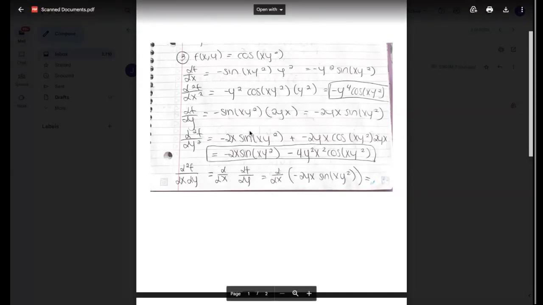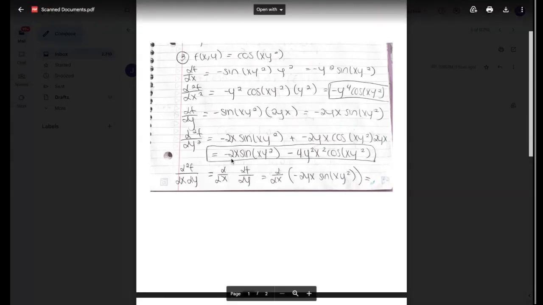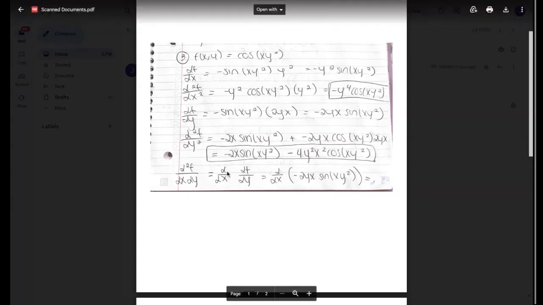So taking the derivative of the first part, you get negative 2x, leave the second, plus now flipping, negative 2yx times the derivative of sine, which is cosine, leave the inside xy squared, times the derivative of the inside, that's 2yx. Putting that all together, you get negative 2x sine xy squared minus 4y squared x squared cosine xy squared.